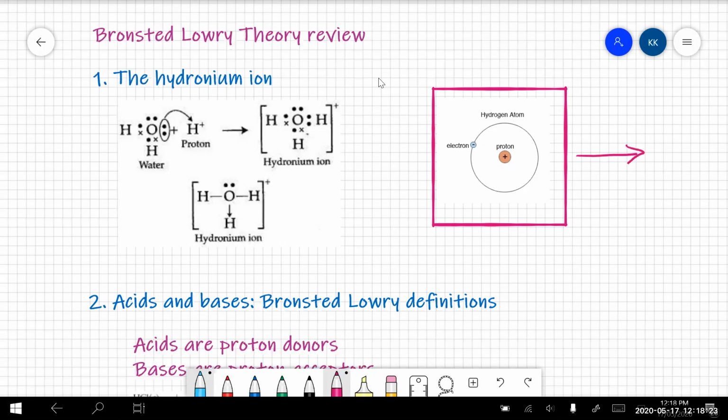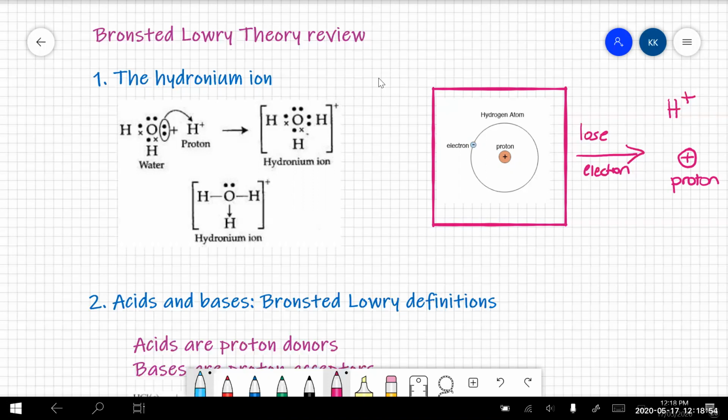If that hydrogen atom loses an electron, we get the hydrogen ion, which is just the proton. So whenever we're talking about protons in acids and bases, we're talking about hydrogen ions. Sometimes we write equations with the hydronium ion and sometimes with the hydrogen ion. I'll show you both as we go through this.